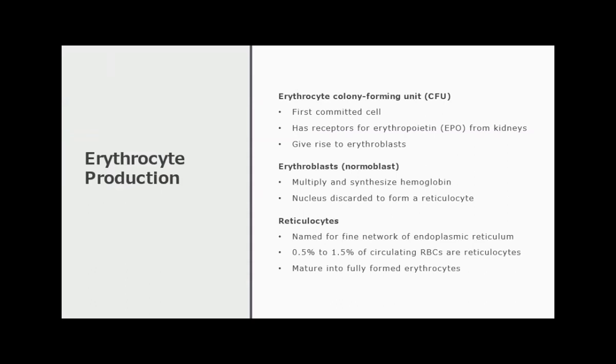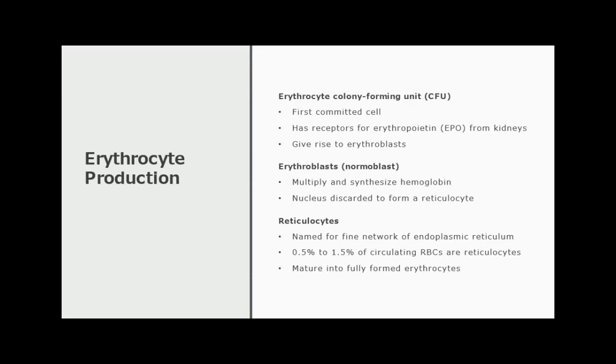They come from the erythrocyte colony forming unit that has control from the kidneys. Remember, the kidneys are involved in erythropoiesis or hemopoiesis. So from the colony forming unit, it then turns into the erythroblast. Okay.